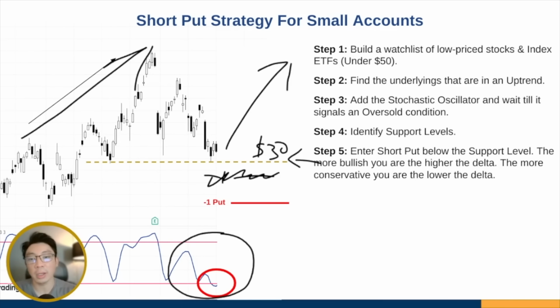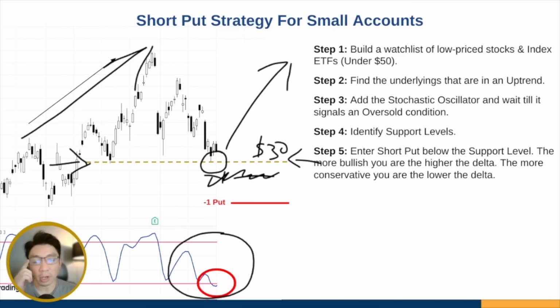And finally, thirdly, we also have this support level down here. So this support level gives you an added chance that if the market actually comes down to this support level again, there's a chance that it could bounce back up. So with all this in place, and you also have the short put that is below the support level, you should be able to find such kinds of setups that give you pretty high probability of entry.